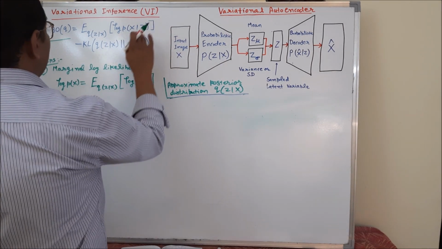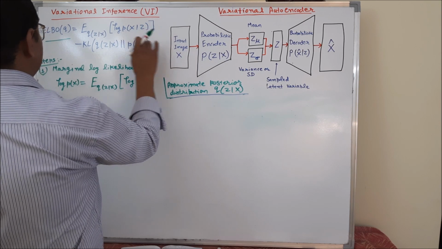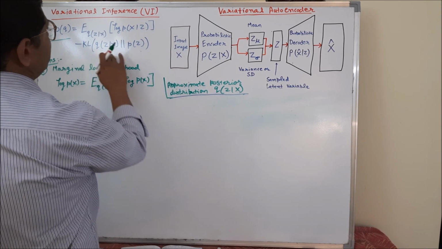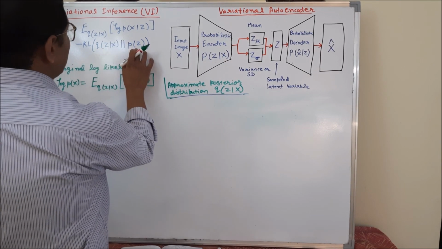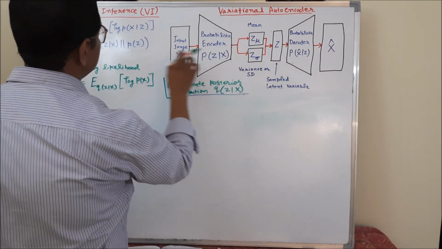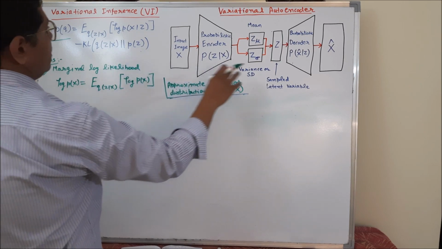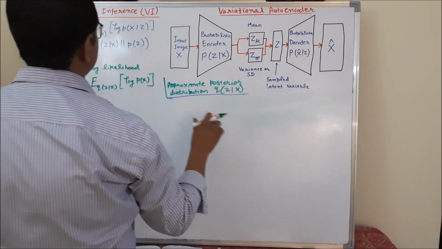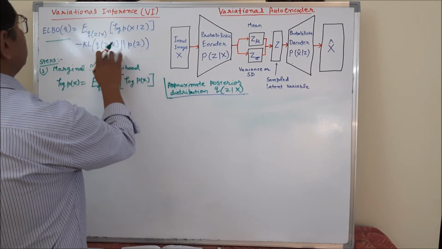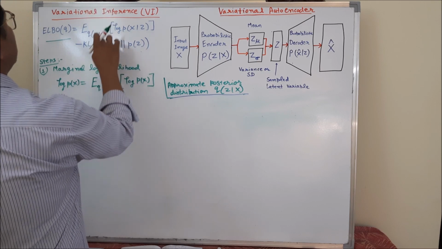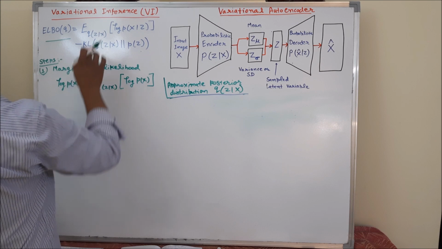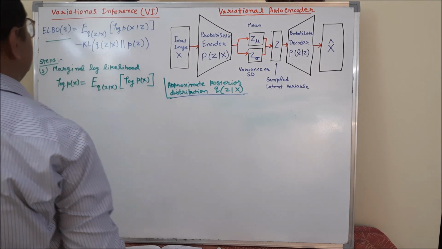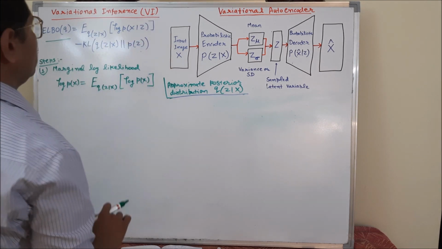After that, we subtract the KL divergence between the approximate distribution and the prior distribution of Z. We assume we have some prior latent distribution available, calculate the similarity as a KL divergence score between them, and subtract it from the first part.